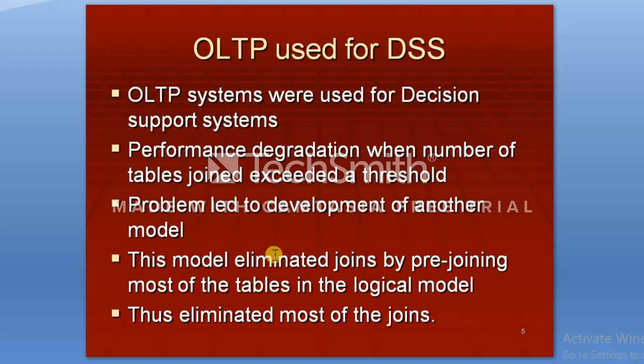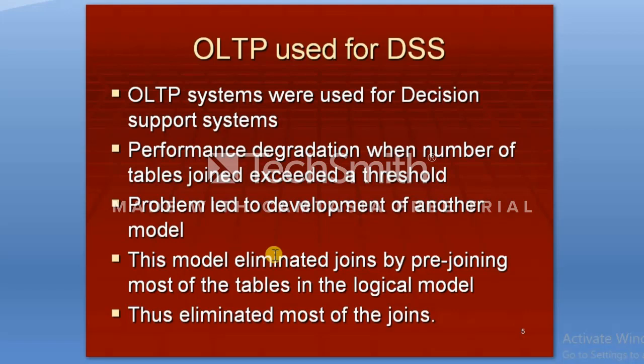When we pre-join multiple tables, if there are 10 tables, they are merged into 5 tables. Now there are only 5 tables available for the query, so the number of tables has already been reduced. When we execute the query on these 5 tables, according to the new model, the query takes much less time to give us the results.